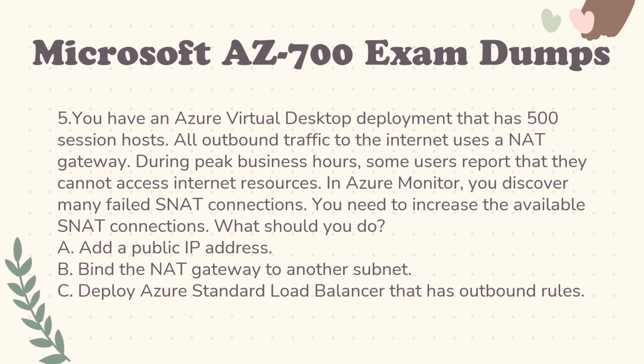You need to increase the available SNAT connections. What should you do? A. Add a public IP address. B. Bind the NAT gateway to another subnet. C. Deploy Azure Standard Load Balancer that has outbound rules.